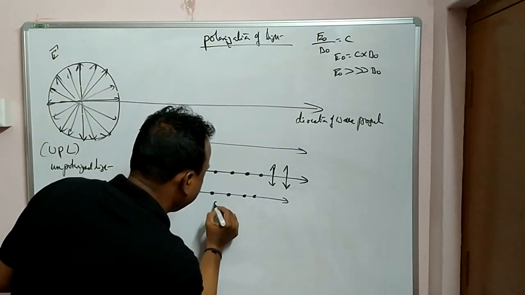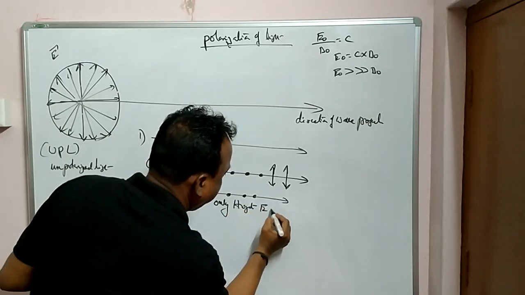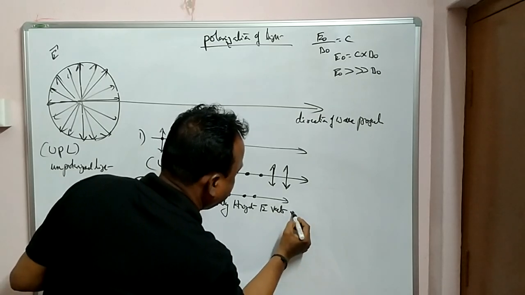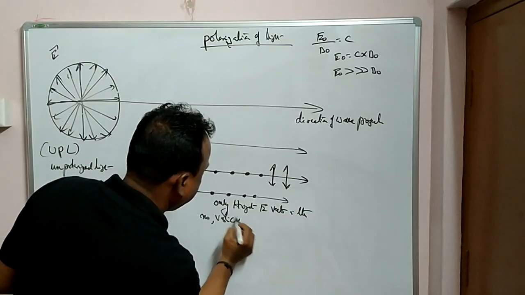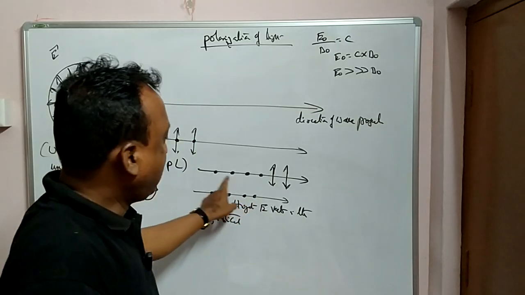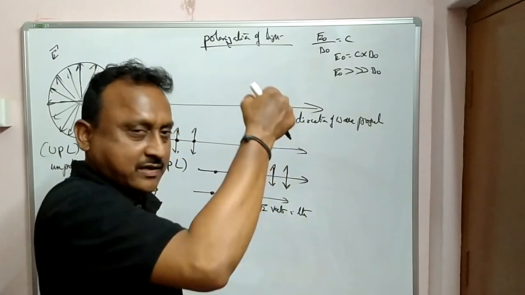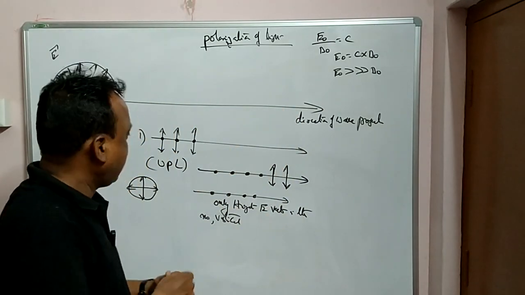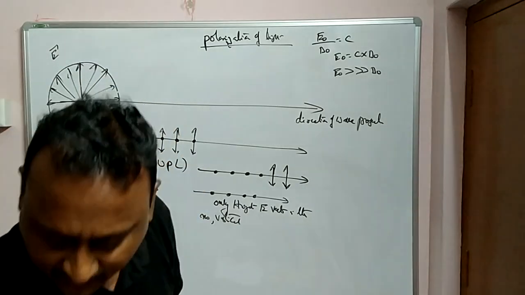Dots and line given, arrow marks, means the horizontal vector is there and the vertical electric field vector is there. This is how you have to indicate. And this is also unpolarized light with only two, the vertical electric field vector and the horizontal field vector.